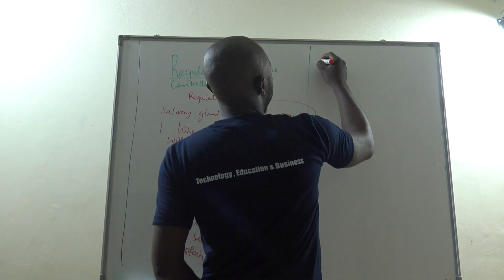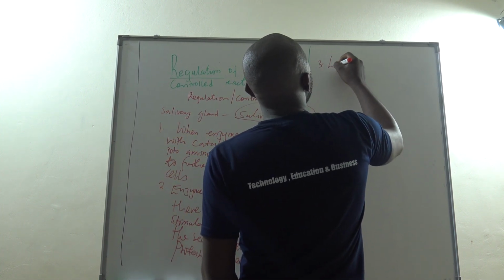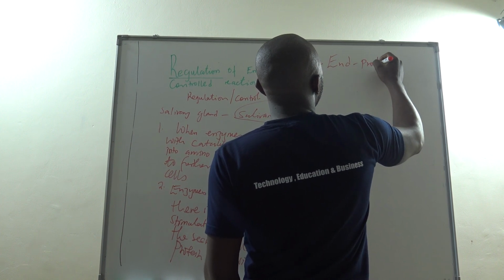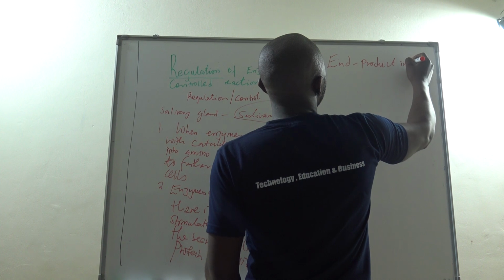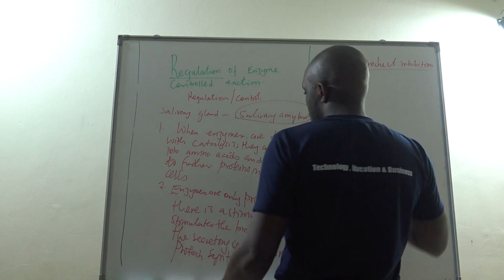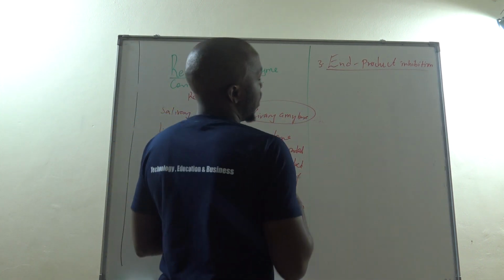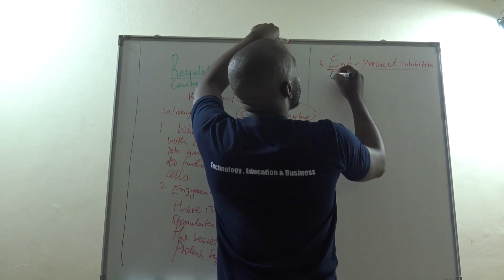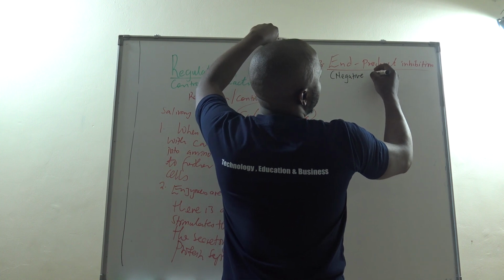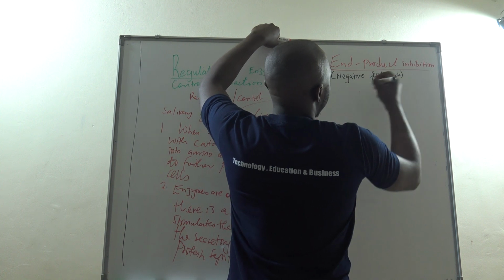Thirdly, and the last one, is called end product inhibition. This one is a form of negative feedback which we shall expand on later.